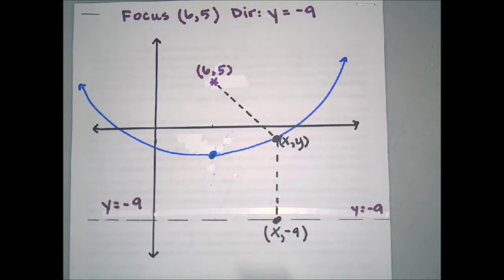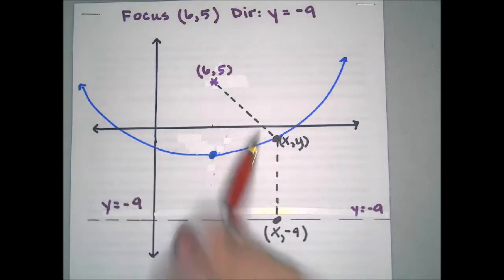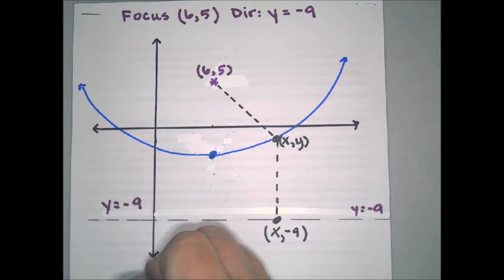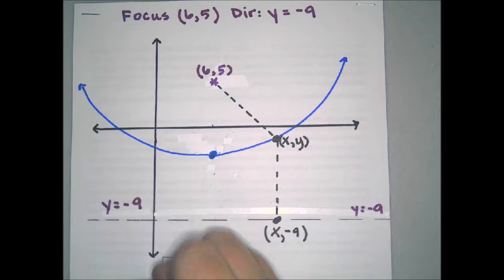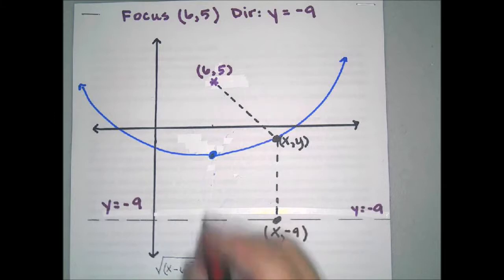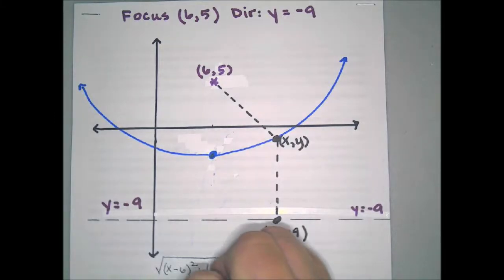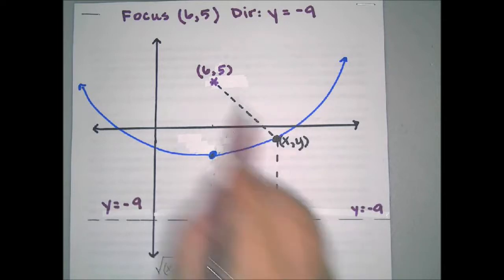So I'm going to set up the equation on this piece of paper, and then I'm going to do all the rest of the algebra on another piece of paper. So the distance formula, I'm going to work on this part first. The distance formula would say that this x minus 6 quantity squared plus this y minus 5 quantity squared. That would be the distance from this point to that point.